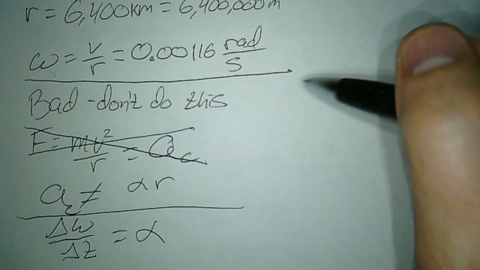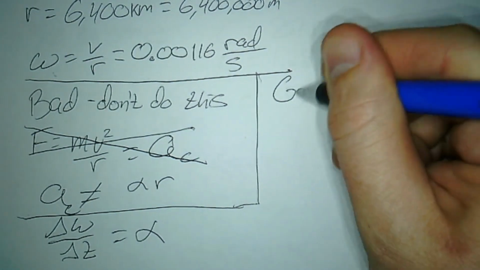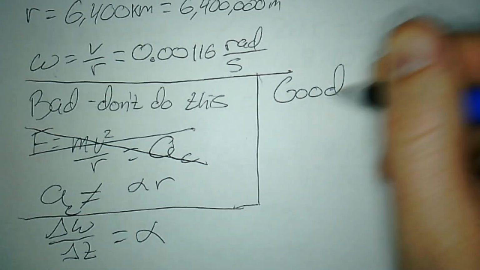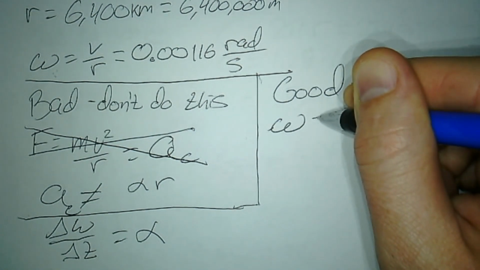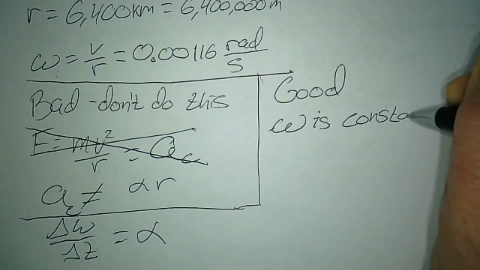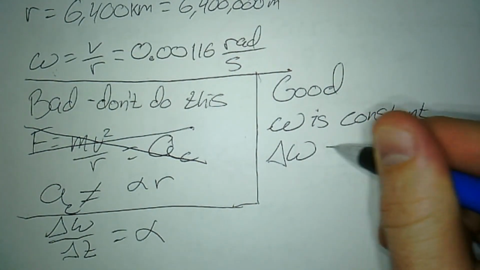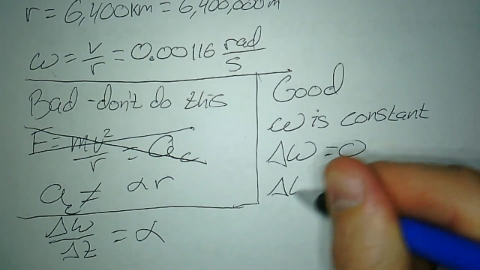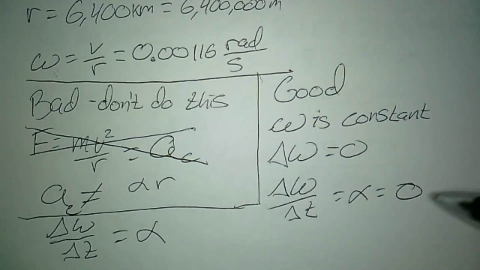So now what I can actually do is say, let's put good on this side. Omega is constant, right? That tells me that delta omega is 0. So delta omega over delta t, which is alpha, is 0.